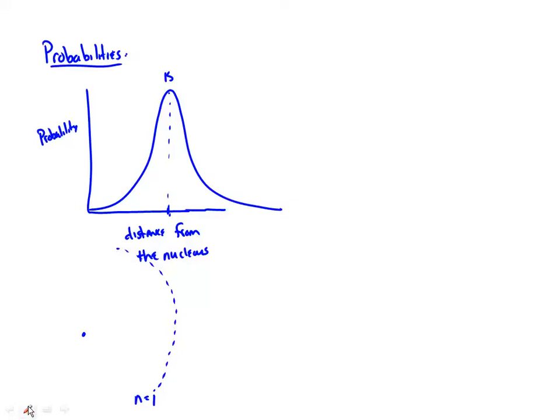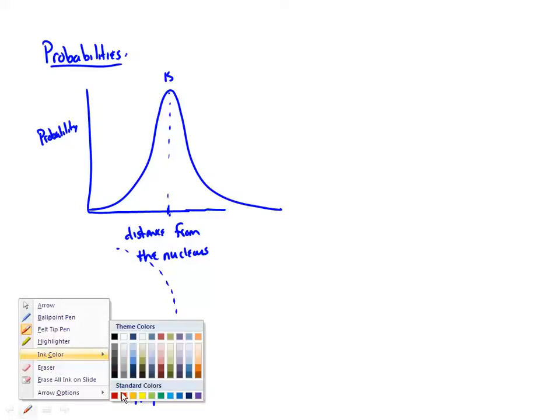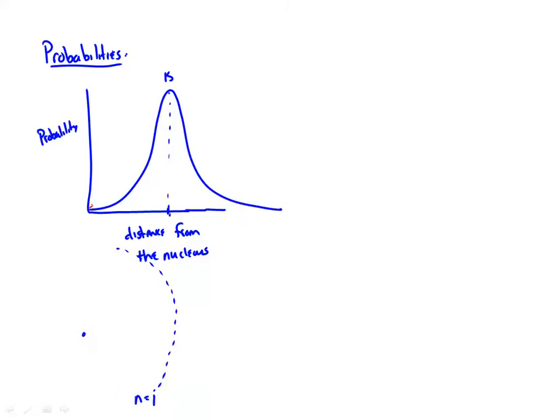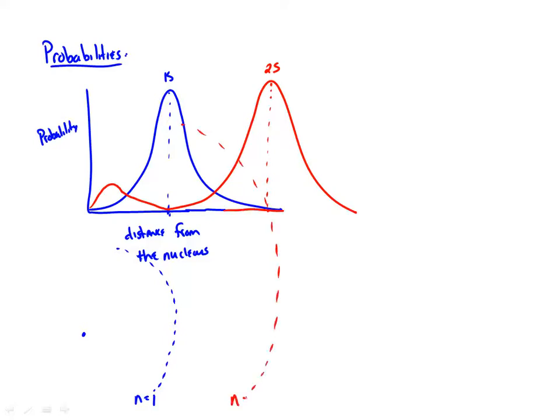And if I try to sketch a 2s orbital, we find it's kind of interesting. It has a little bit of probability that it's closer, but almost no probability that the electron is as close as in the 1s orbital area, and then it has its peak further out. So here's a 2s orbital. Where the peak occurs is where we think about drawing our 2s orbital, so here's my n equals 2 orbital.